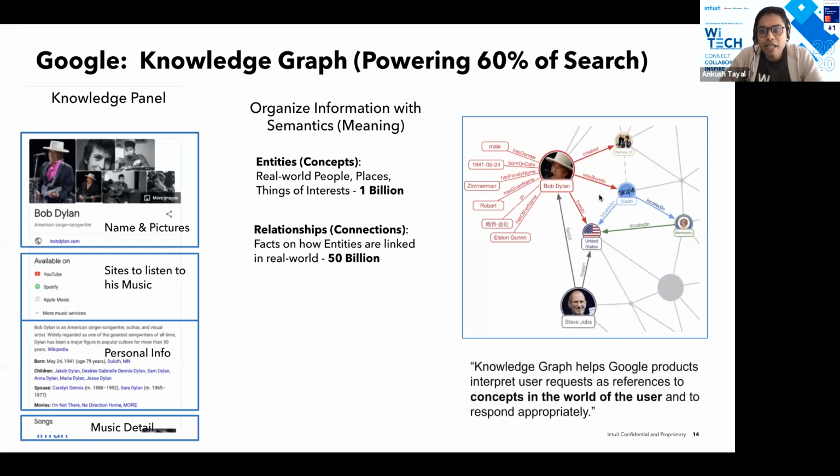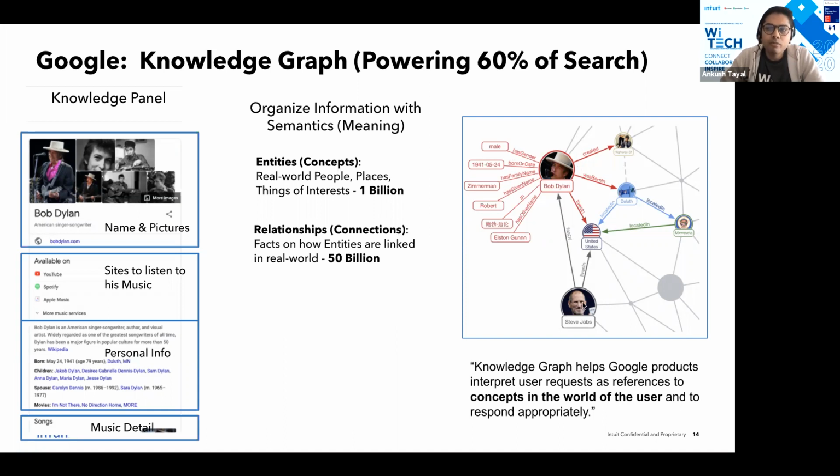So what we are seeing on the right hand side is a representation of a knowledge graph for an entity called Bob Dylan, wherein this entity will have multiple attributes. For example, what is the gender of this person, where he was born, where he lives, and so on. So there are directed edges going outside this entity to various of its attributes, and there will be incoming directed edges as well.